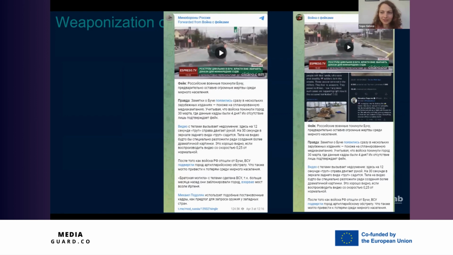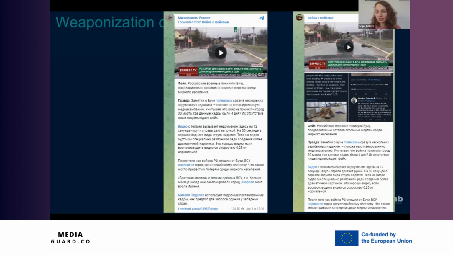And you see that they are using the same structure, even like, this is fake, no, this is truth. And they are saying that it is fake that Russians left Bucha and left killed people there. And then they were claiming that no, these people were moving. Unfortunately, they were dead because of Russia.